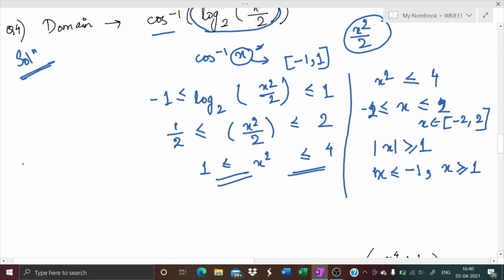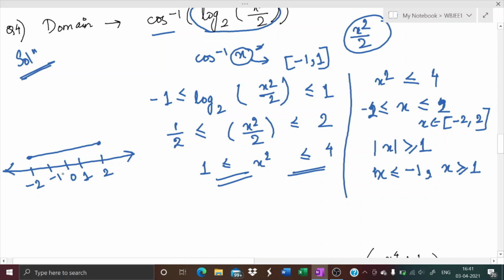Now if I draw the real axis and apply the wavy curve method for taking the intersection, because you have to take the intersection of this domain and this domain. So it would be 2, -2, -1, 1 and 0. The first one is telling that x is lying between -2 to 2, both inclusive.